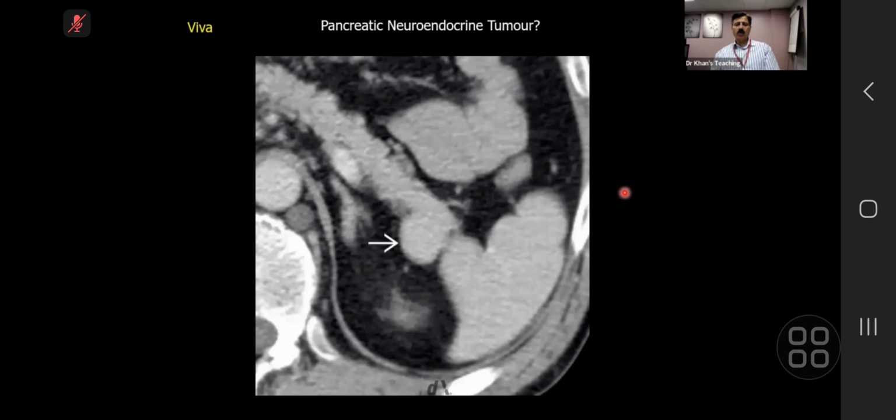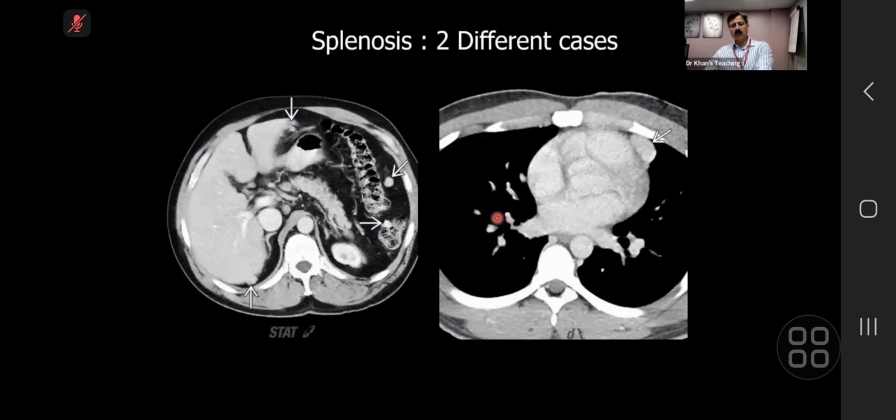The spleen is inherently bright on diffusion weighted imaging, showing a bit of restricted diffusion, and that is a very useful sequence to compare it. So that is a normal variant, accessory spleen.